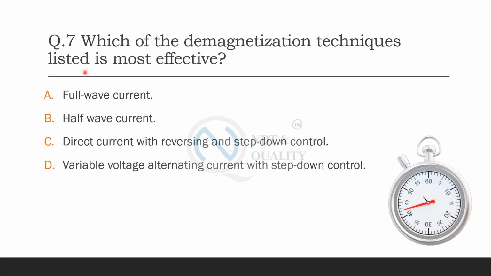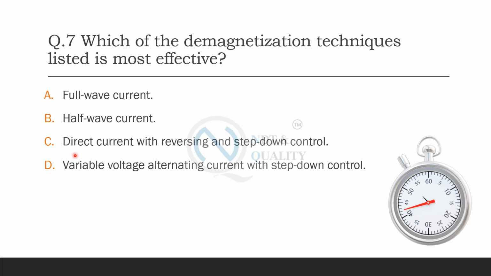Here, full wave and half wave currents are alternating currents, and they give skin effects. And D, variable voltage alternating current, also.